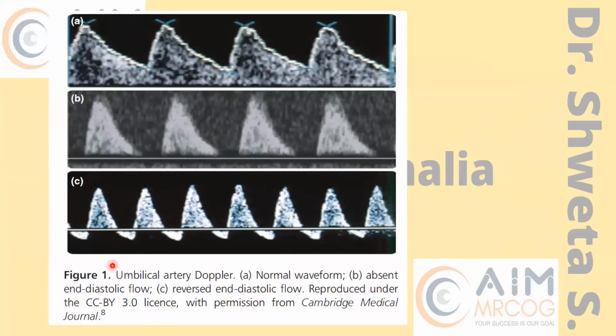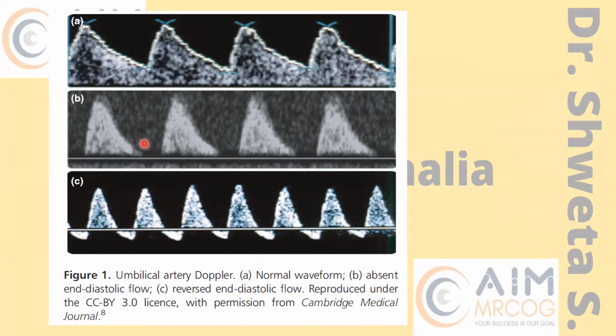So here is the first one. This is the umbilical artery Doppler. If you see the normal waveform, this is the normal umbilical artery Doppler. This is the diastolic flow. So when they say end diastolic volume is present in the second category, it means it is present here. When they say absent and reversal, this is what they mean, where we are doing CS.